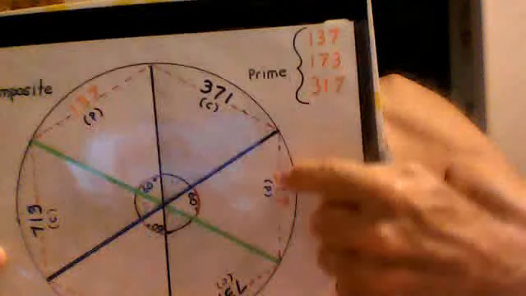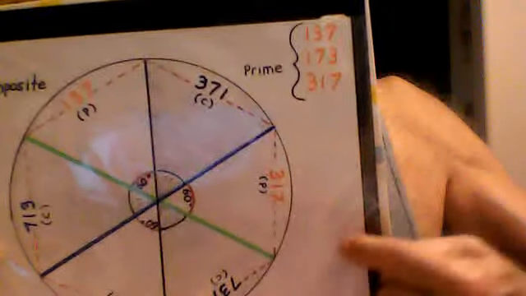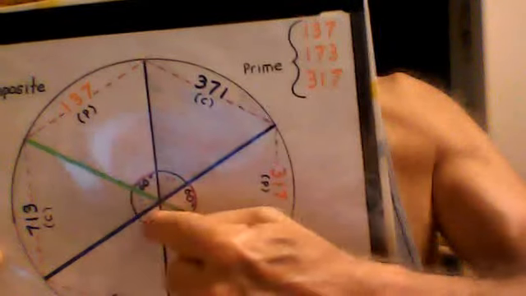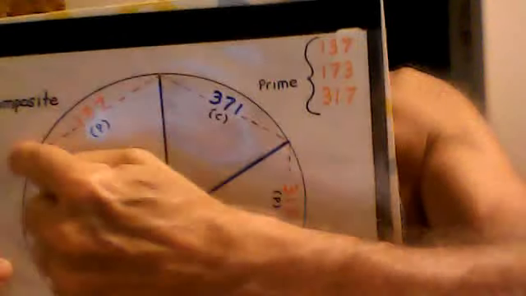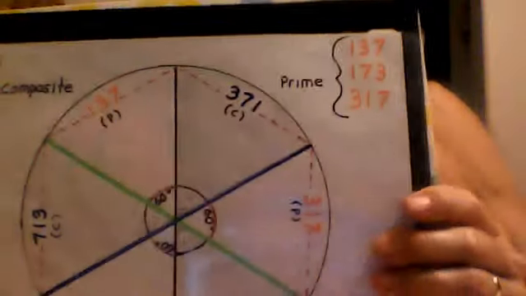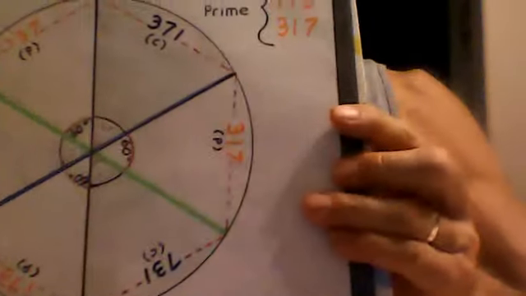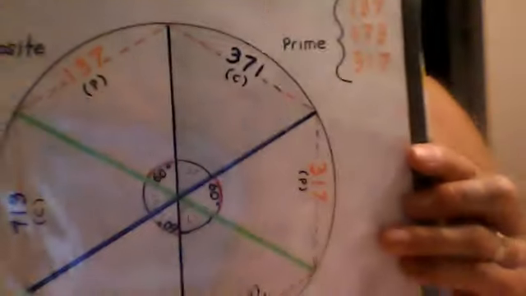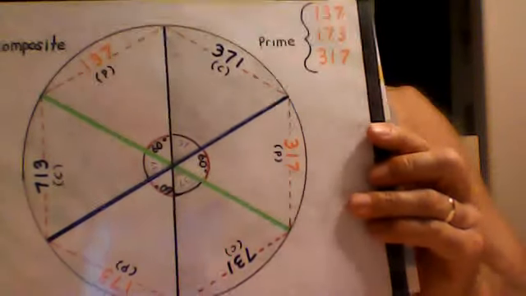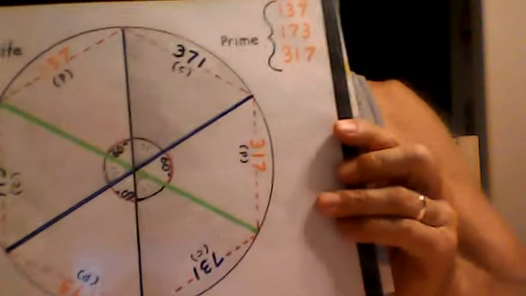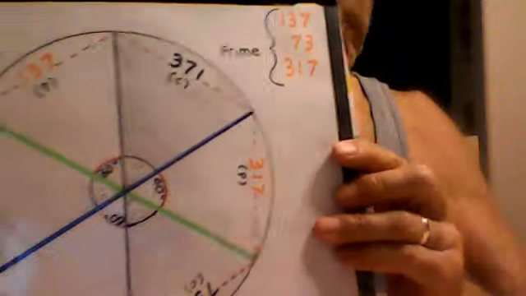Composite, go down, prime, this way, composite, prime, composite, prime, composite, prime. So we have that fixed into the model, and the inversion opposite is also 137, 731 is also a prime and a composite.